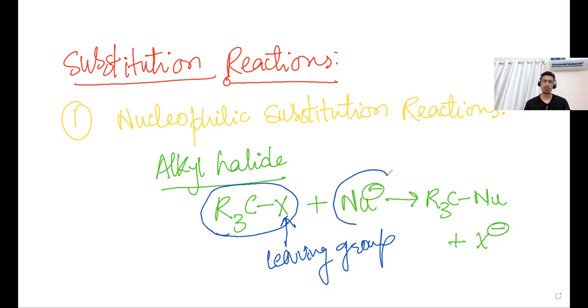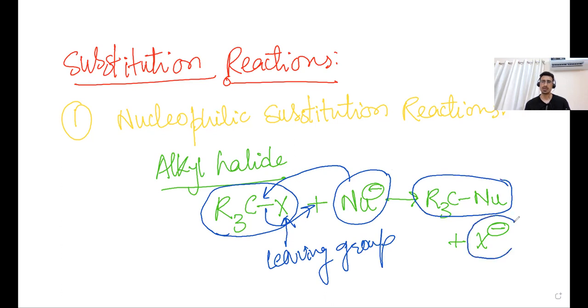So this nucleophile replaces or substitutes this X group and forms the new compound, that's R3CNu. And here the X minus, that is a negatively charged species, is removed from this initial reactant. So this is the way in which a substitution reaction proceeds forward.